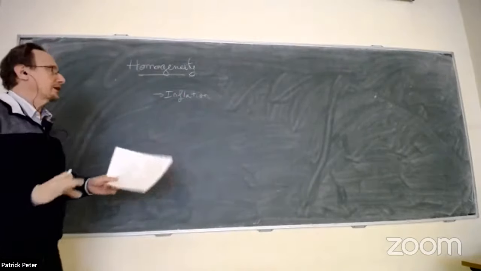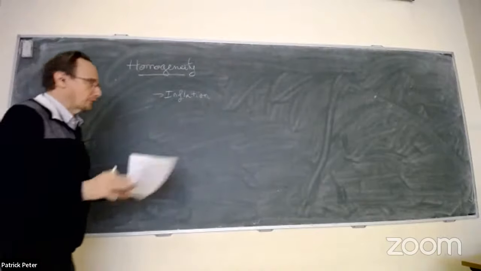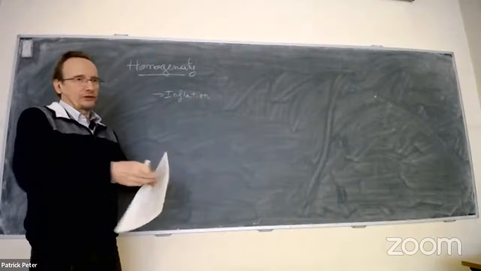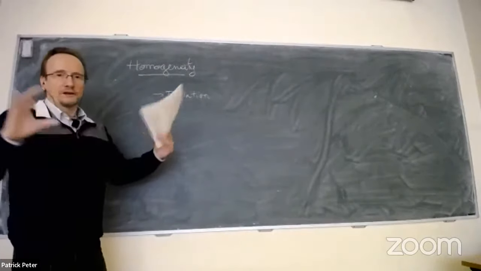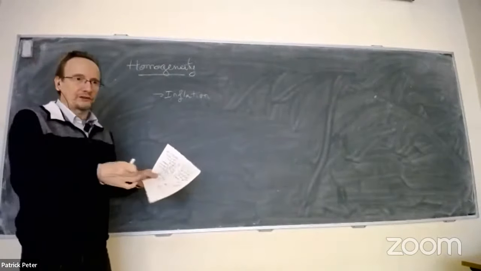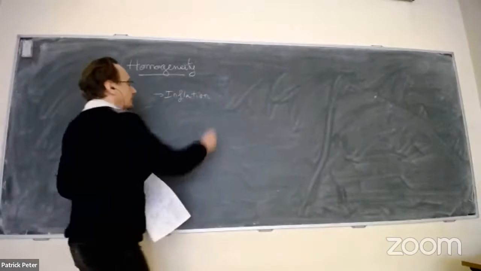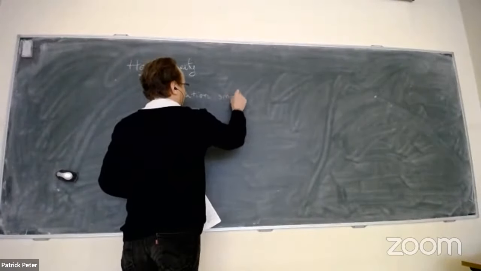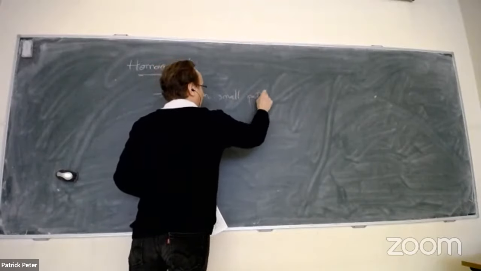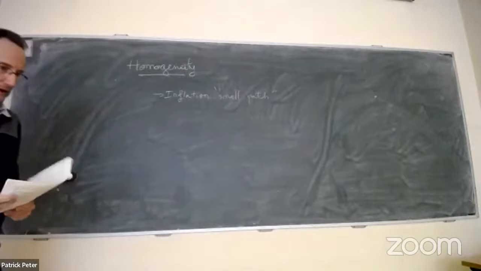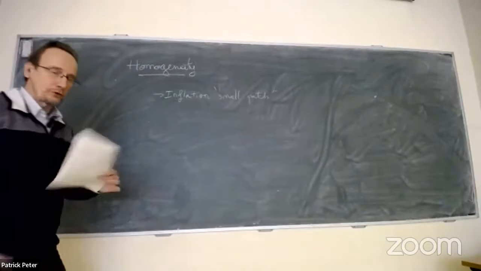Well, it's more complicated than that. It can be more refined than that. But essentially, the idea is that you start with a very small patch, which inflates, and therefore it's less problematic to have a small patch homogeneous than to have a big universe homogeneous. Again, that's really in quotes because the true thing is far more elaborate than that.